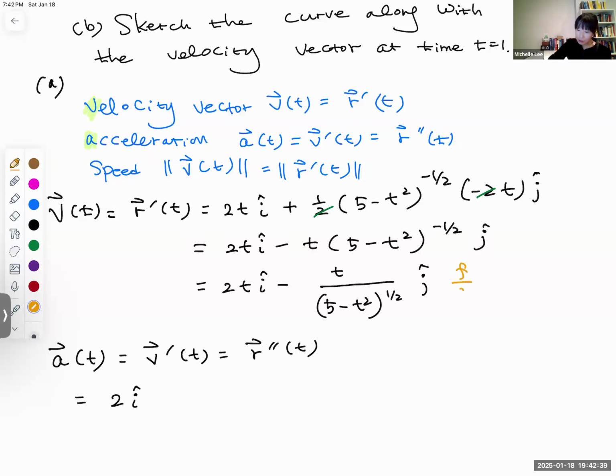We have f over g, the derivative is f prime g minus f g prime over g squared.